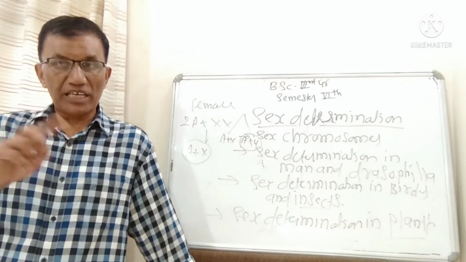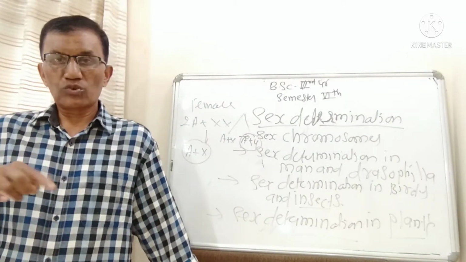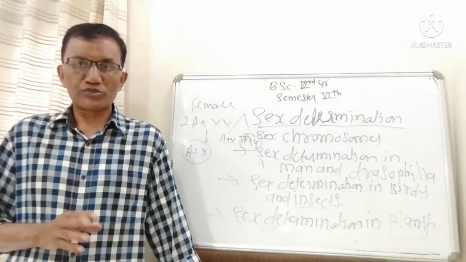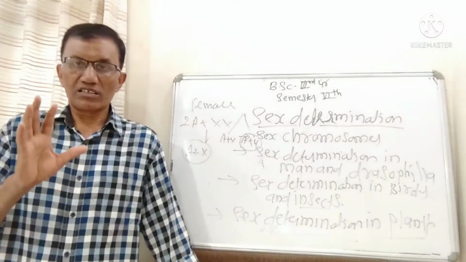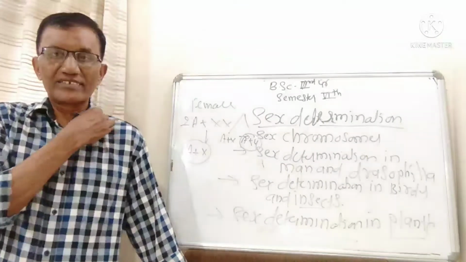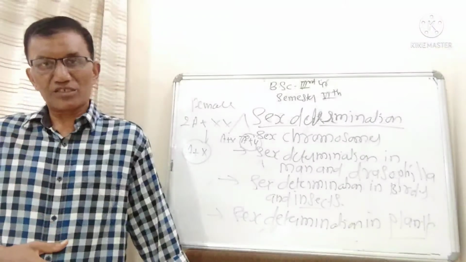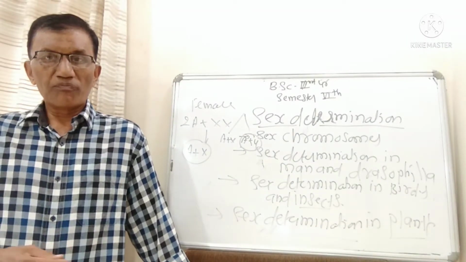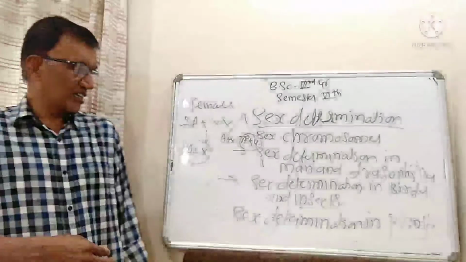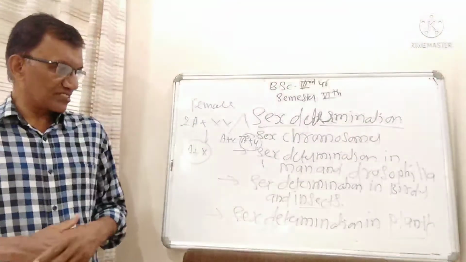Therefore, the males are 2 autosomes plus XX and the females are 2 autosomes plus X0. Here there is no Y chromosome. Therefore, the sex of the individual in birds and insects depends upon which type of egg is fertilized with the sperm. This is the mechanism of sex determination in birds and certain insects.